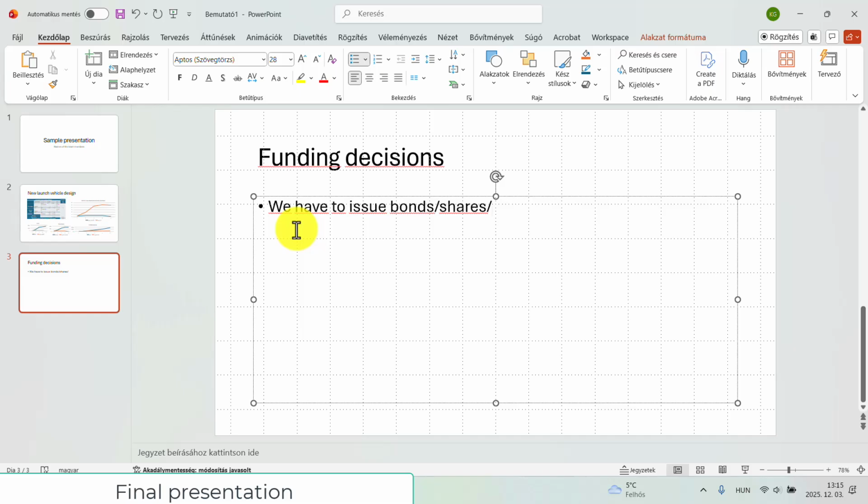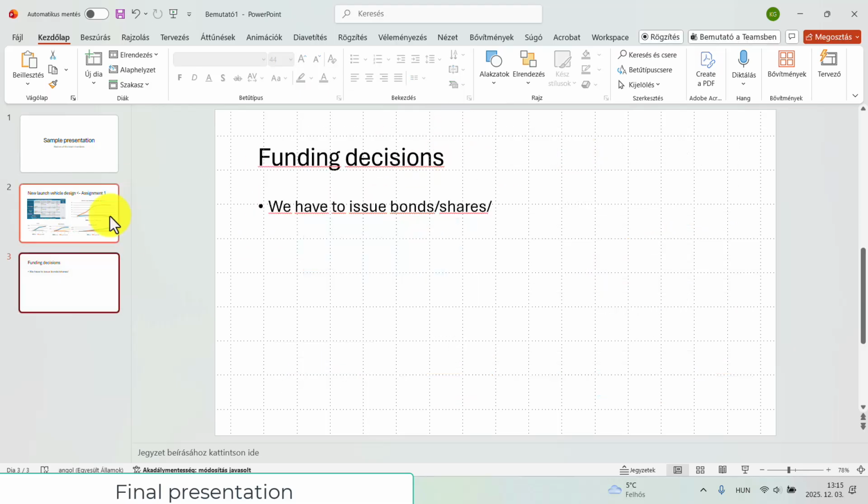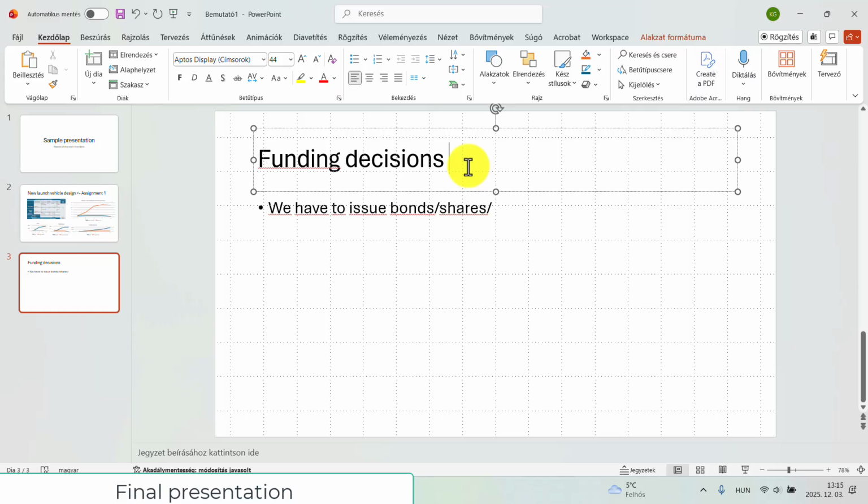So we have bonds, shares, just the data sources are different. So obviously this will come from assignment 1. Funding decisions, this will come from assignment 3.